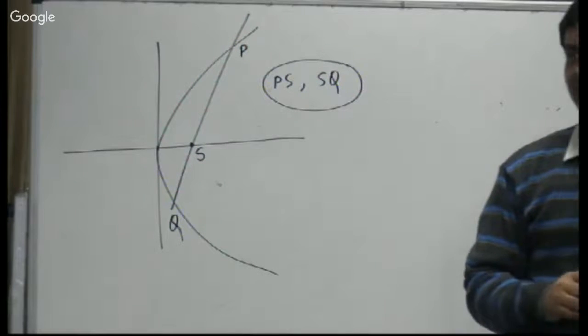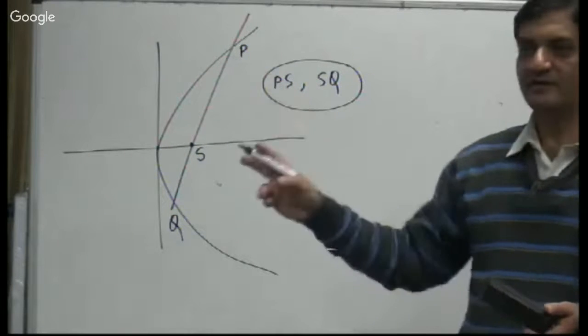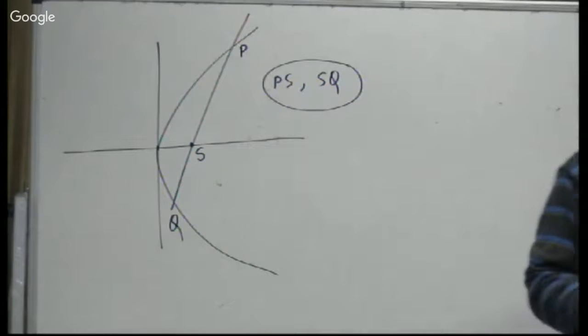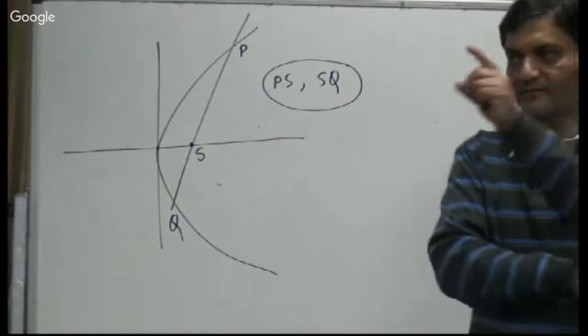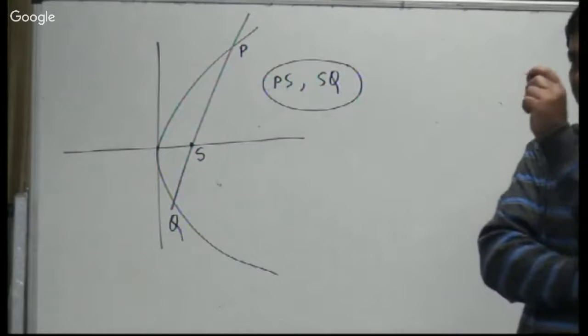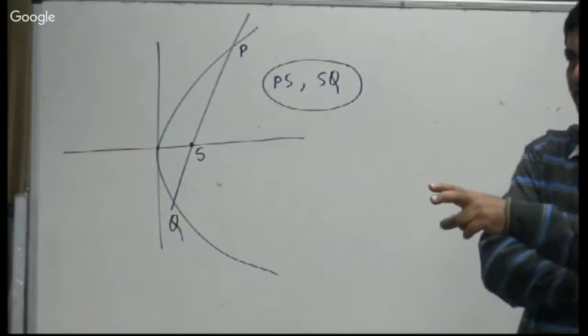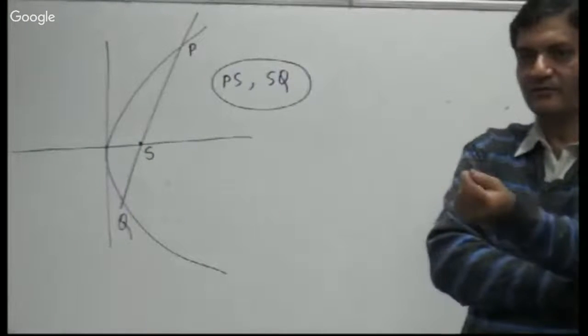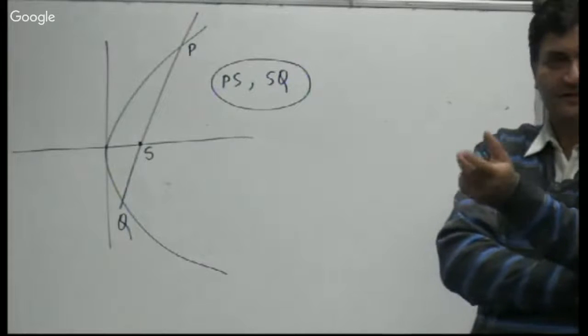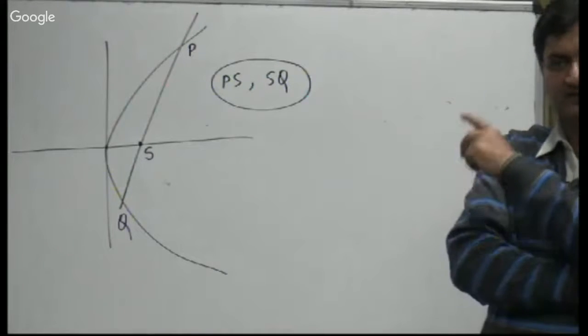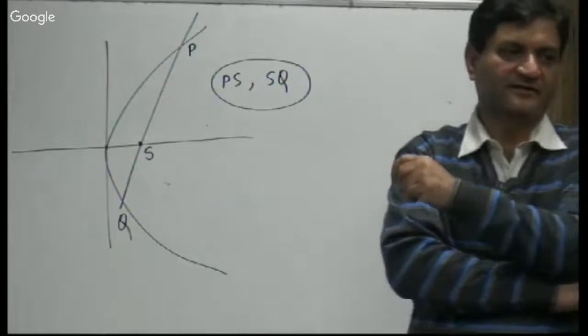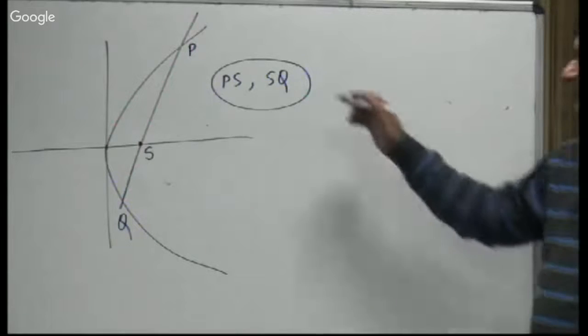Length of the semi-latus rectum is the harmonic mean of these two. So when there is a focal chord, it will be divided into two segments. The harmonic mean of these two segments is equal to the semi-latus rectum. And what is harmonic mean? How to calculate harmonic mean?